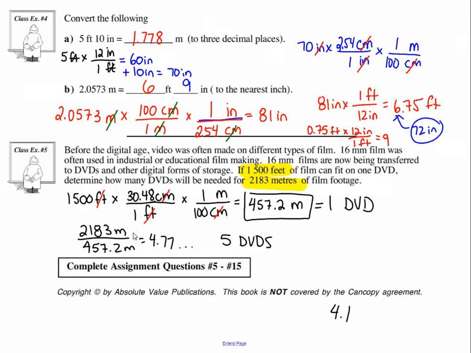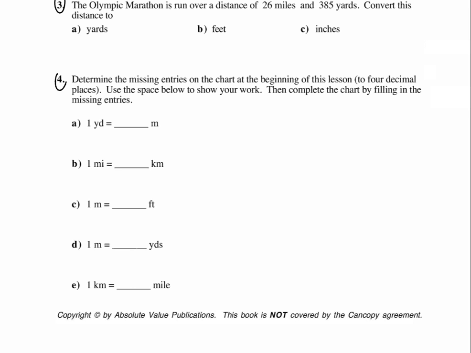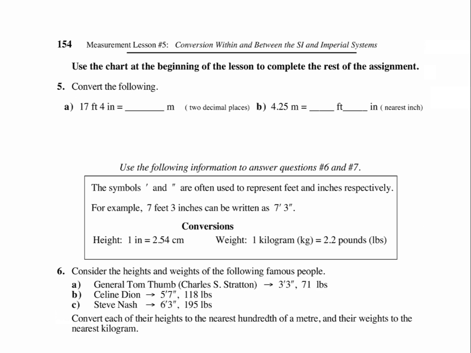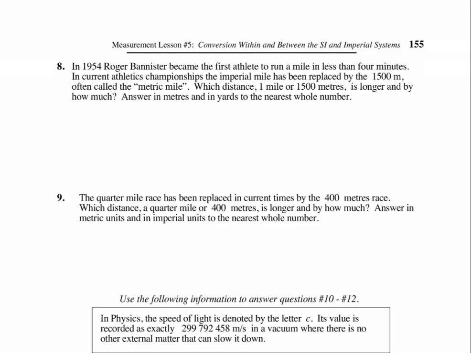Yeah. We're done. Yay. So your assignment. Okay, circle the following. It's a lot. Well, I don't know if it's that much. Next page, 153. So all of 1, 2, 3, 4, 5, 6, 7, 8.